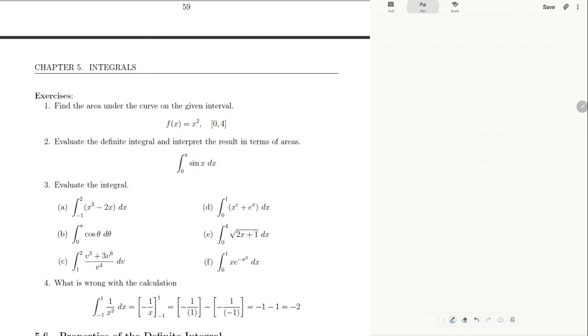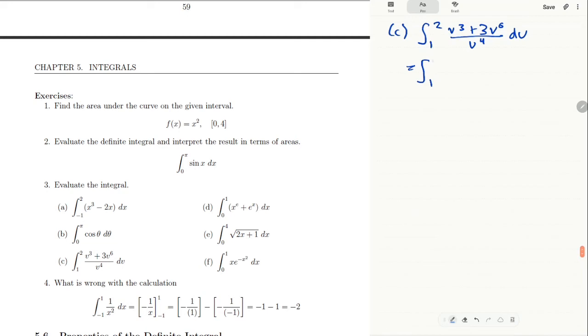So now let's jump to letter C. We have the integral from 1 to 2 of v cubed plus 3 v to the 6, all over v to the 4, dv. So let's first simplify the integral.